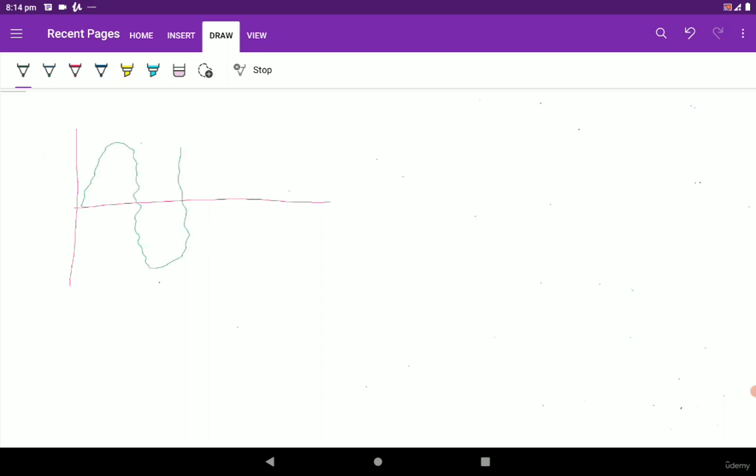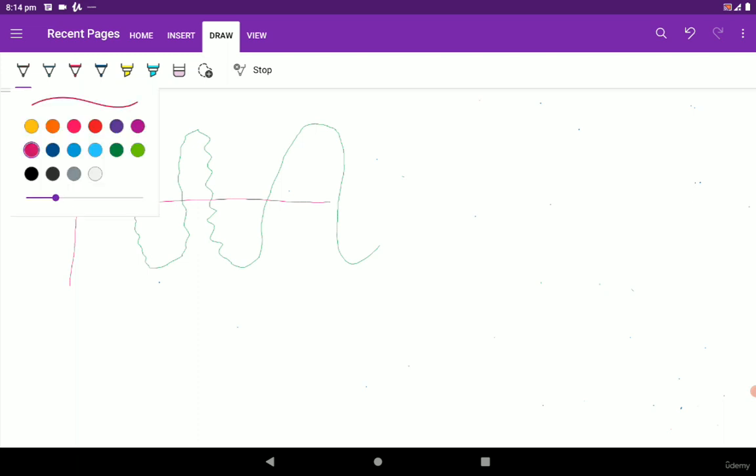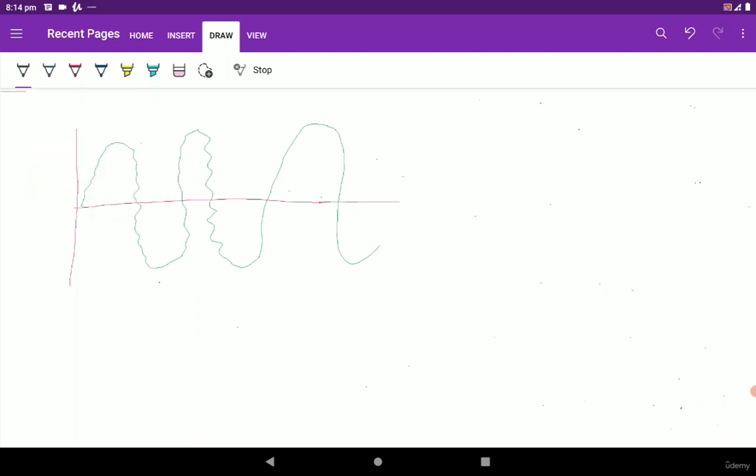You can see this is a rough graph. So this is time, and this is x is equal to complementary function plus particular integral.